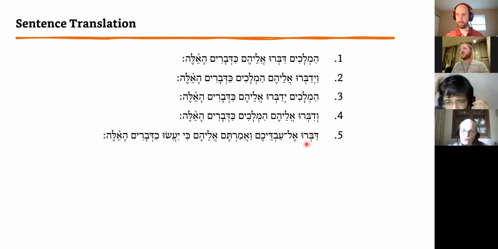Okay, so what if you were to parse this verb? Is it Qal, Nifal, Piel, Pual, Hitpael? This one, what do you think? Piel. Perfect. It is Piel. It's not perfect, it's imperative.